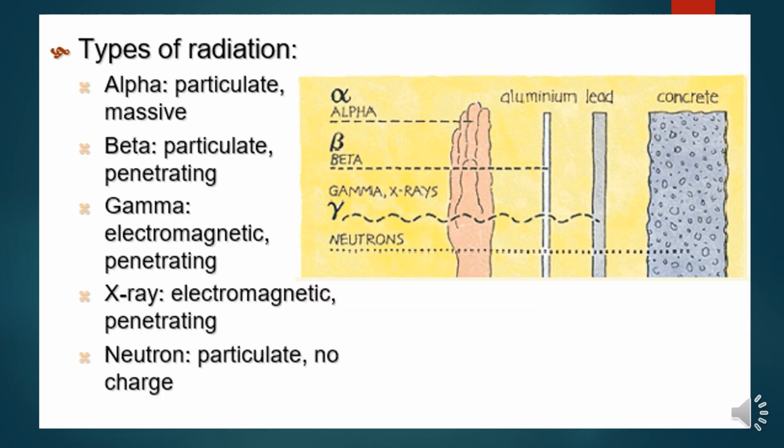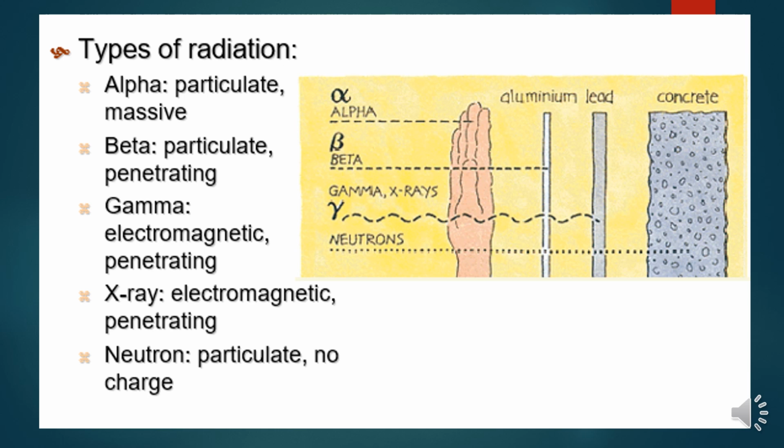What are the types of radiation? As we have seen before, we have different types of radiation: alpha, beta, gamma and neutrons. In this image it is clearly given that alpha rays cannot penetrate through skin, but beta rays can penetrate through skin, and they can also penetrate an aluminum rod.